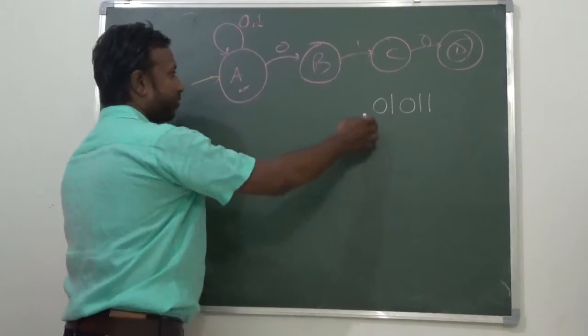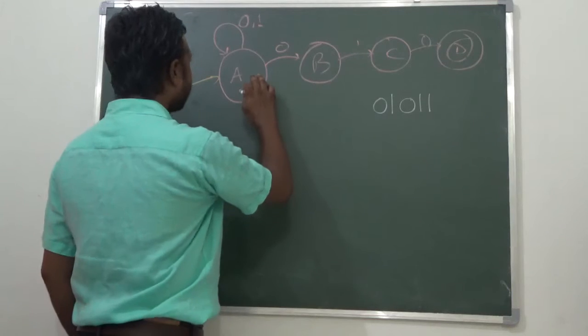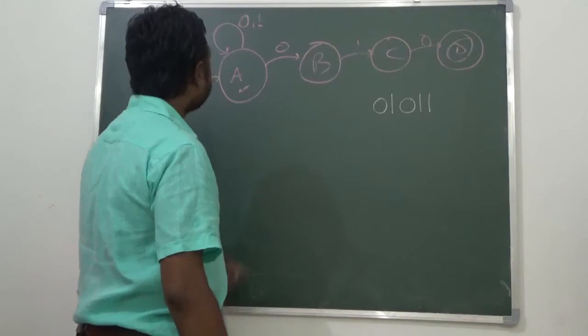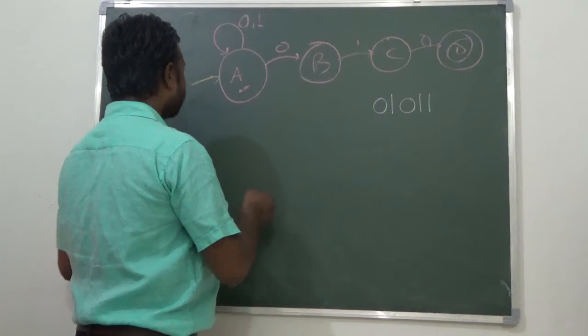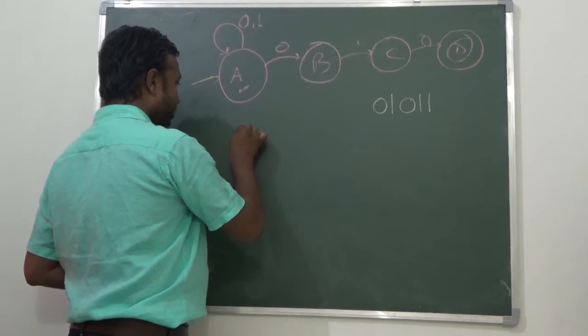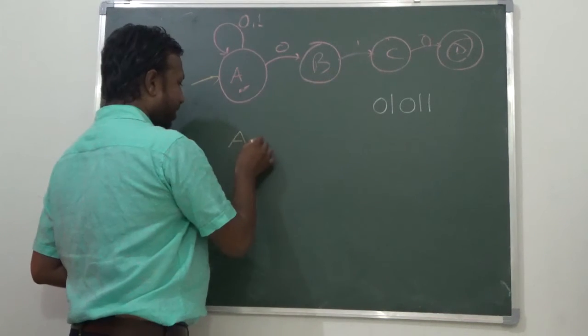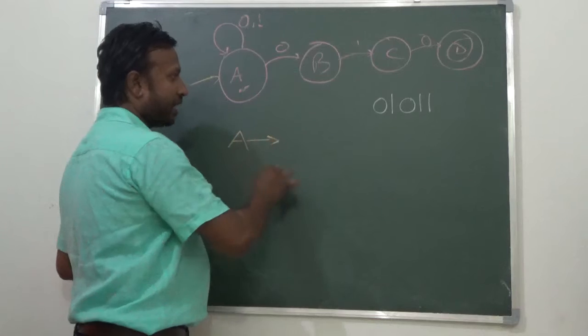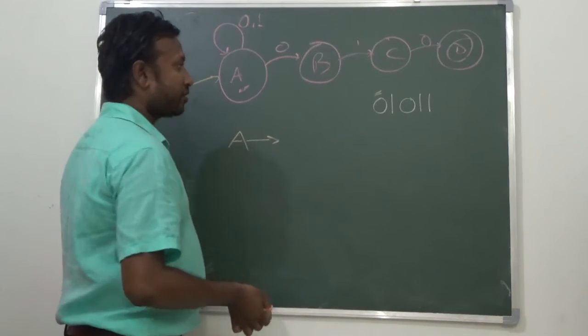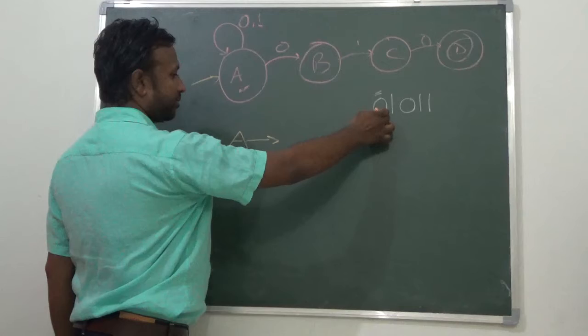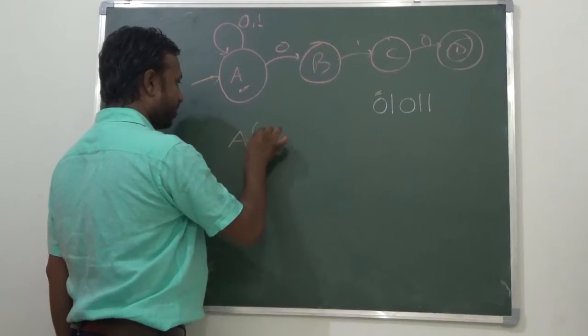Let's see whether this input is acceptable by this particular NFA or not. So let's start. Here the start state is A, so we need to start with A, and the symbol which we are going to process from the input string is 0.